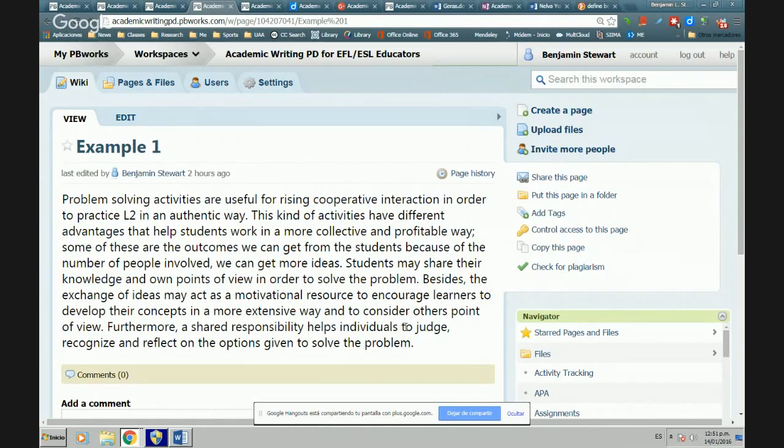Why is it okay to say to judge, recognize, and reflect? What's the writer doing? Listing. What else? What is the writer not including here? The "to". Is it necessary?